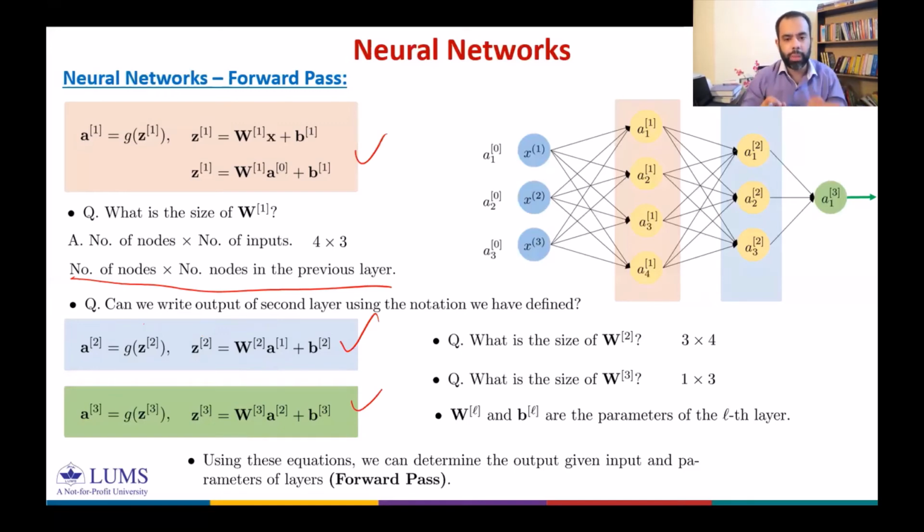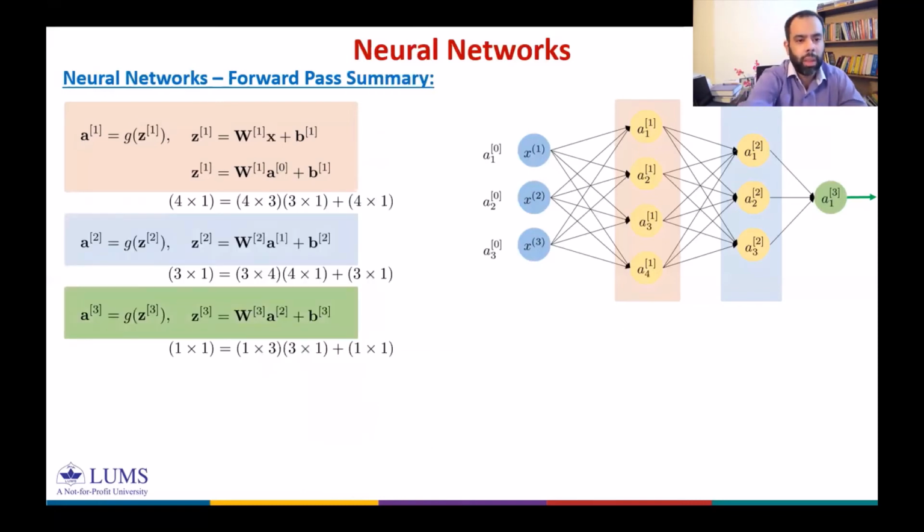So we sequentially traverse the network. We first obtain A1 using X, and then compute A2 using A1, and then compute A3 using A2, and so on and so forth. We're traversing the network, and this traversing is what we already know as the forward pass, right? And this is all consistent mathematically in terms of the sizes of these matrices.